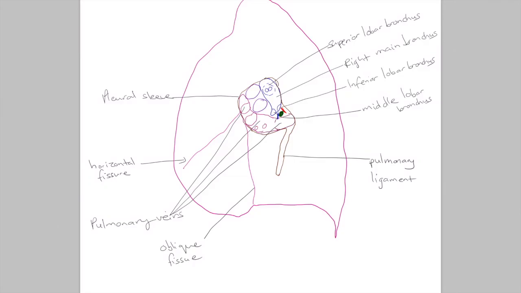Okay. To label everything, we have the bronchial vessels, which should be somewhere here.